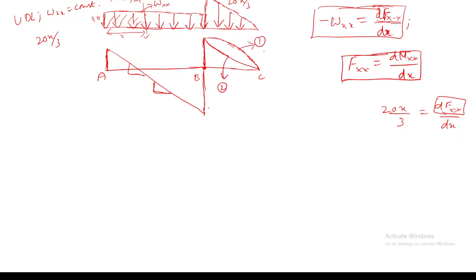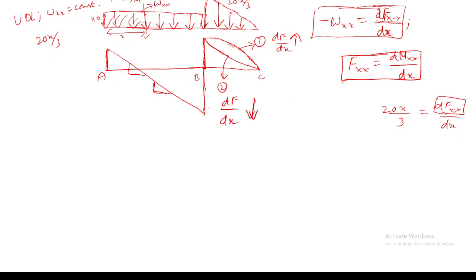For which case is the slope increasing and for which is it decreasing? For 1 it is increasing: dF by dx is increasing for 1, whereas for 2 dF by dx is decreasing.